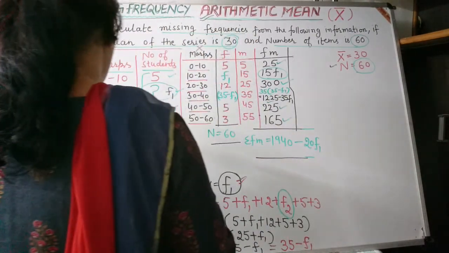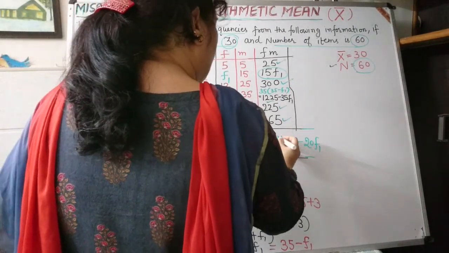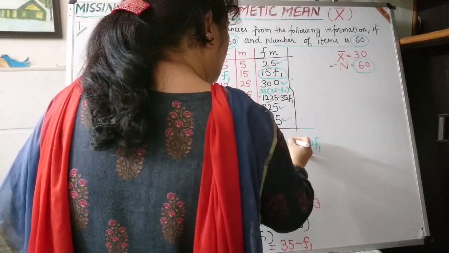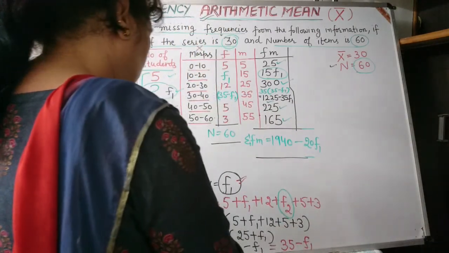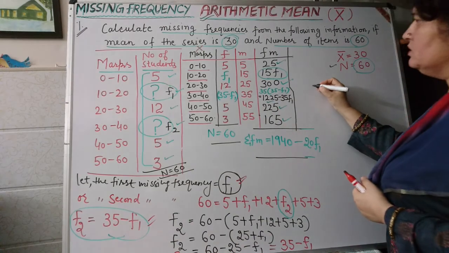So the summation sigma fm will be 1940 minus 20 F1.